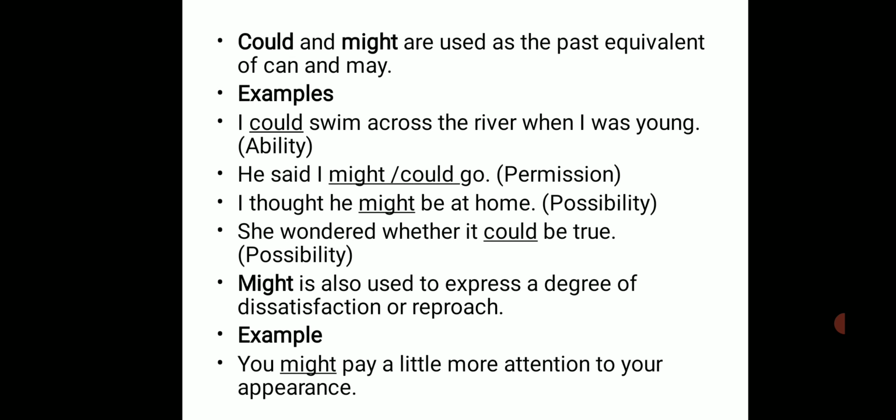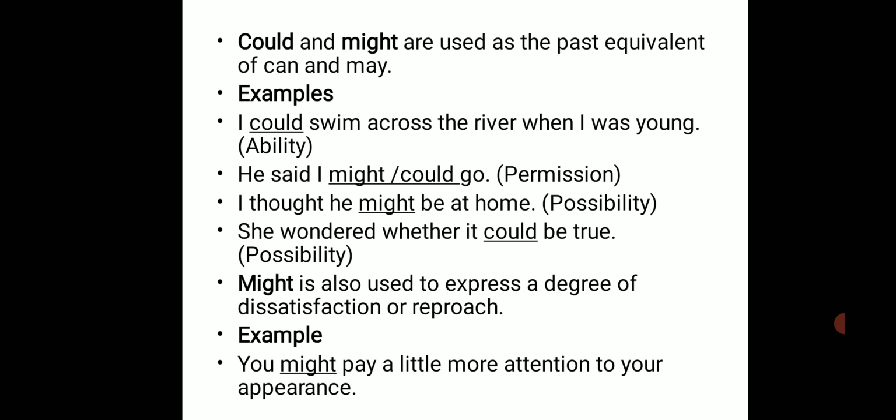He said I might or could go. Here, choose the right one to give permission. Both give the same meaning, that is permission. Even if you say he said I might go or he said I could go, both mean permission.